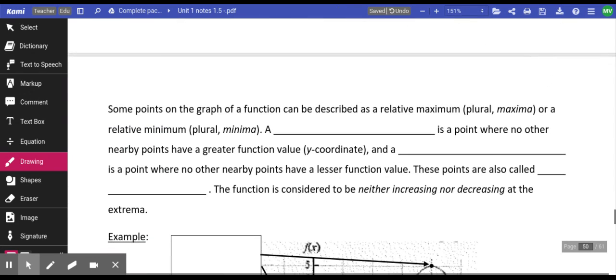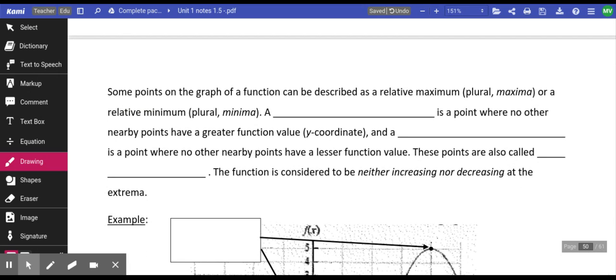Some points on the graph of a function can be described as a relative maxima, the plural is maxima, or a relative minima, plural minima. Extrema can be a maximum or a minimum.